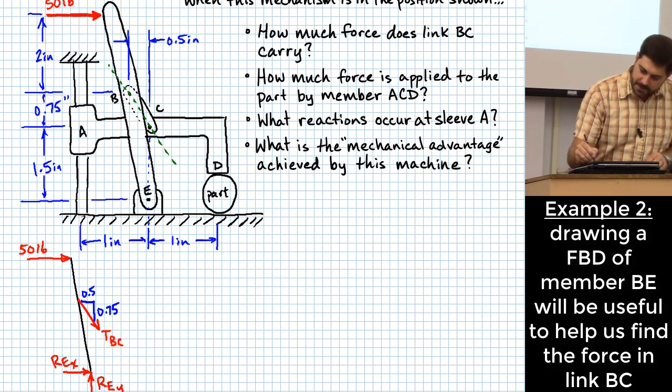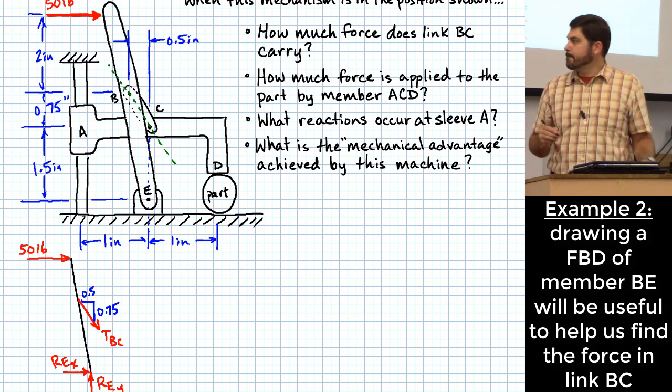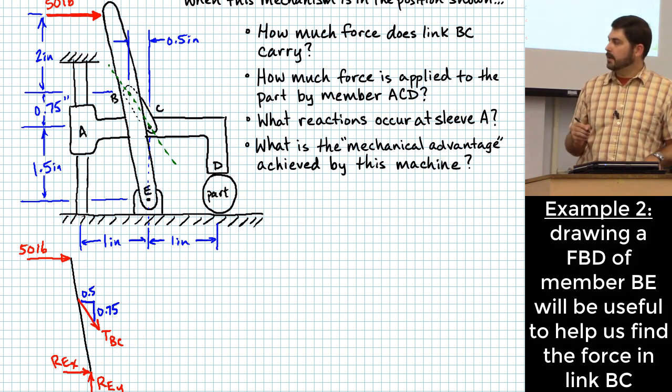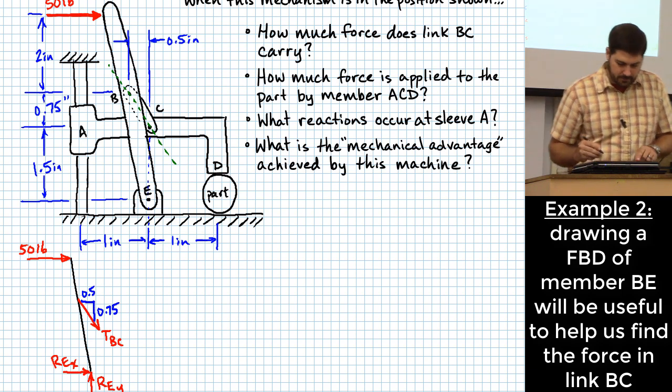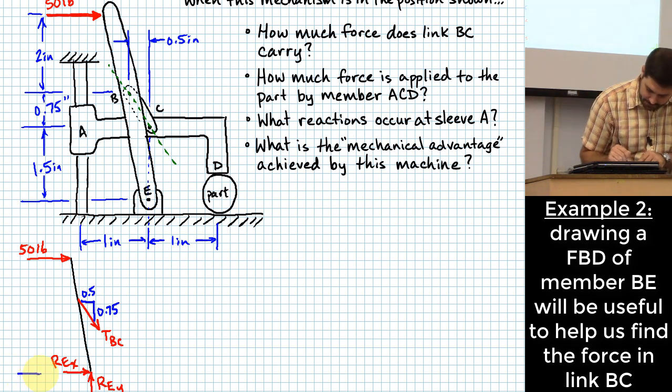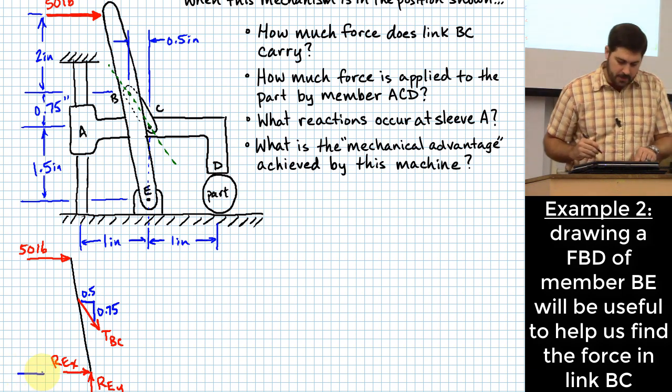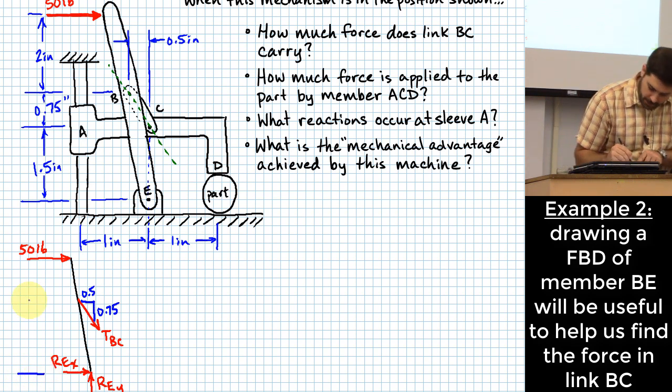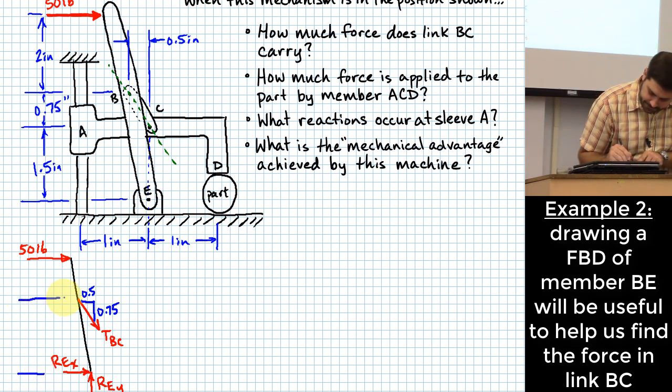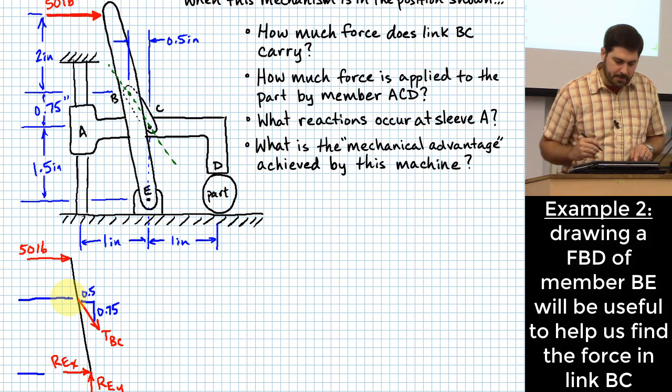Okay, what else should I put on this diagram? Okay, some dimensions. So, if I want, I can show one dimension up to where this force is being applied.